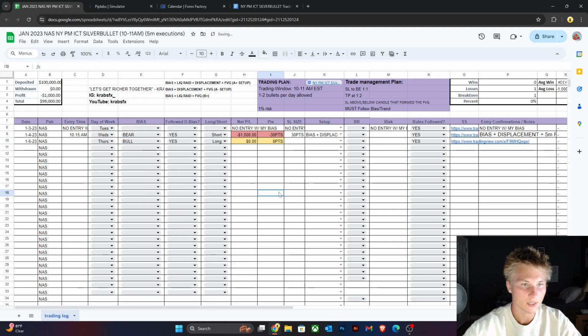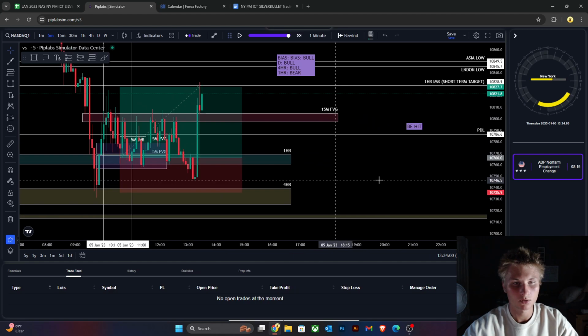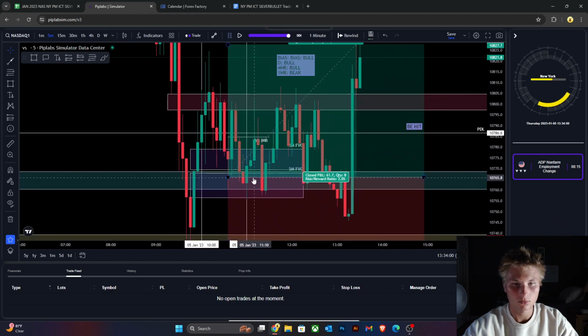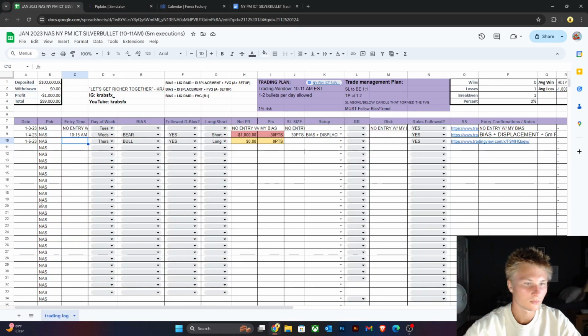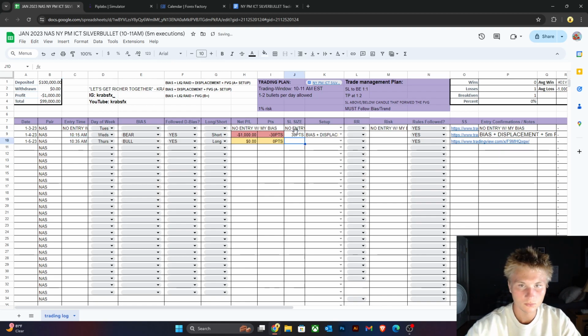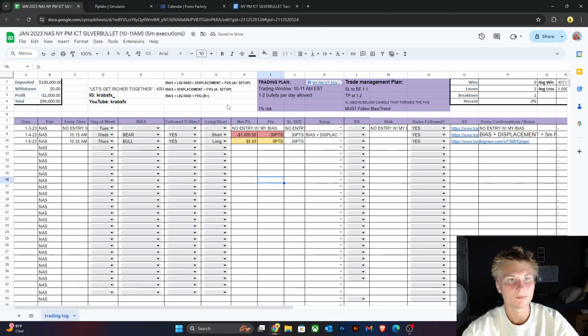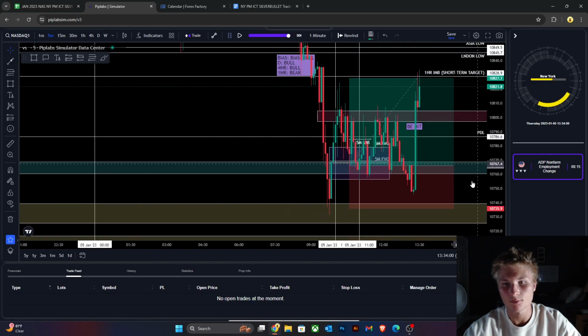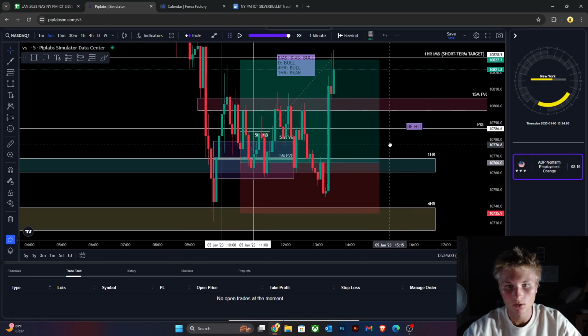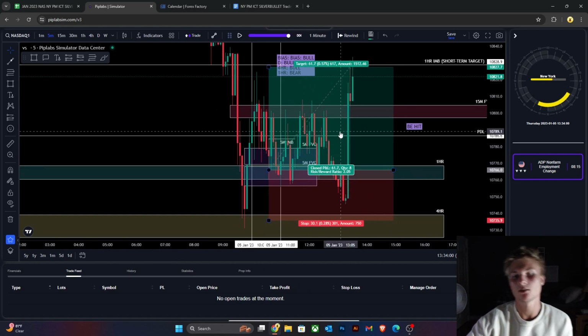But yeah, bias here, bullish. Entry time was 10:35. Stop was also like 30 points. Yeah, so this setup, we didn't really have displacement, honestly. It was more of fair value gap and bias, pretty much.